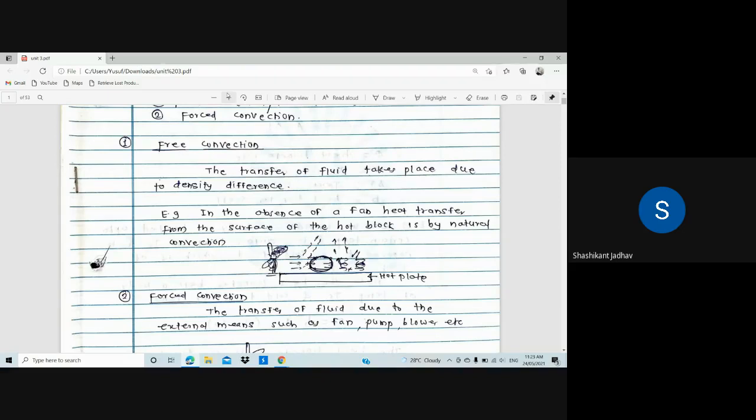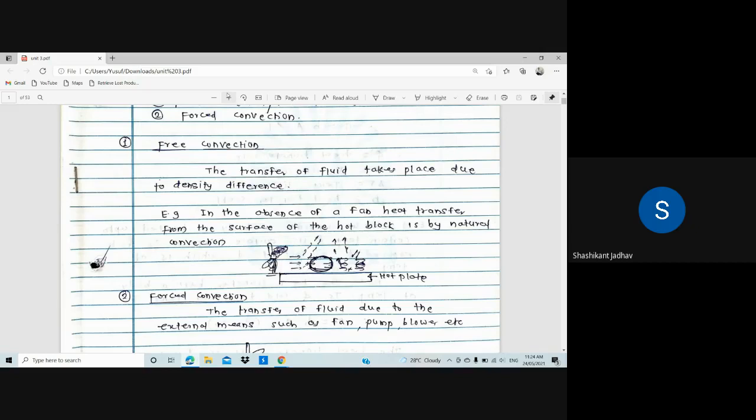In the absence of a fan, heat transfer from the surface of the hot block is by natural convection.